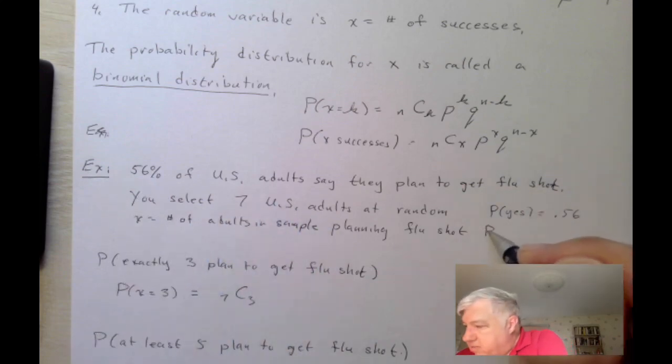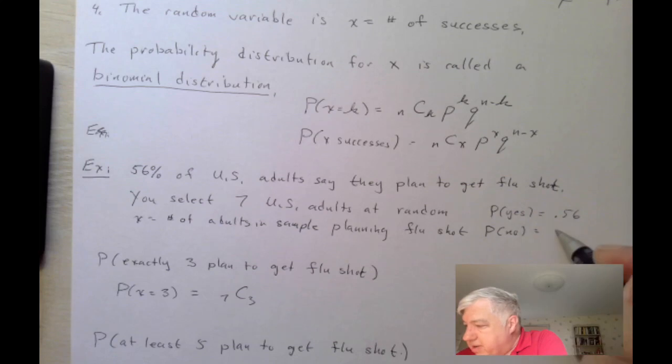So the probability that one person says no would be 1 minus 0.56, or 0.44.